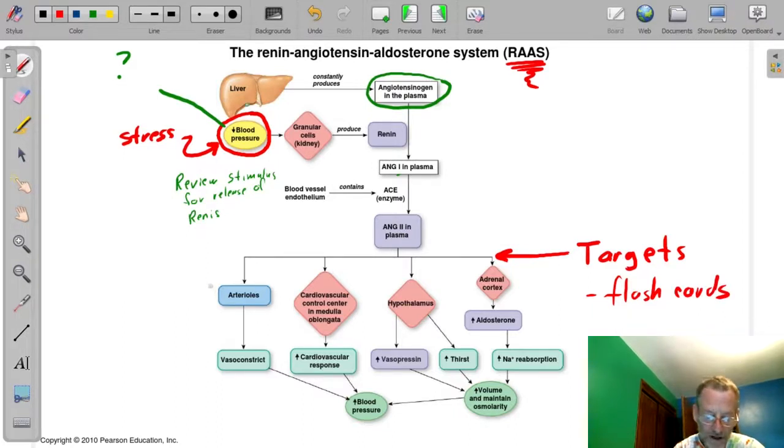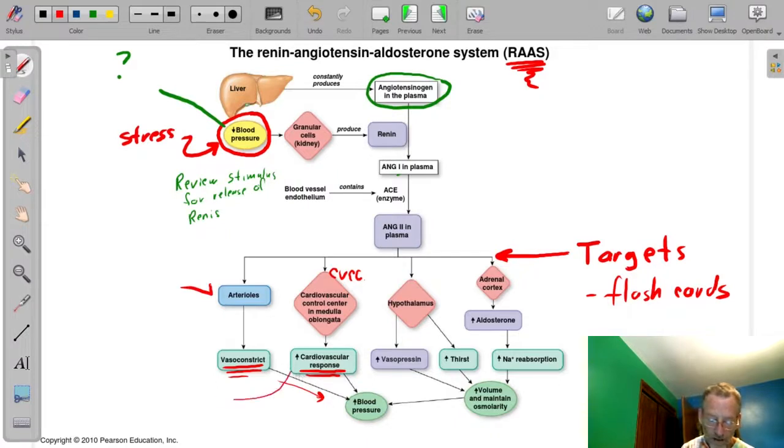But we talked about the arterioles and how angiotensin 2 is a strong vasoconstrictor. That, of course, leads to blood pressure increasing. There's the cardiovascular control center again. And you could describe this cardiovascular response.